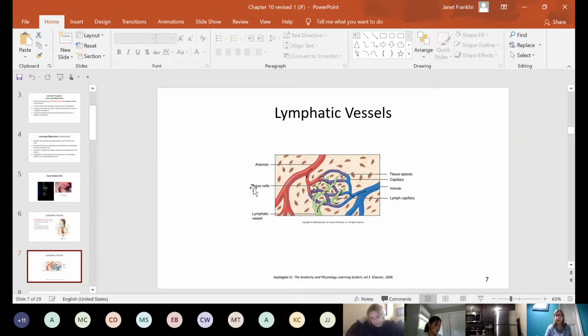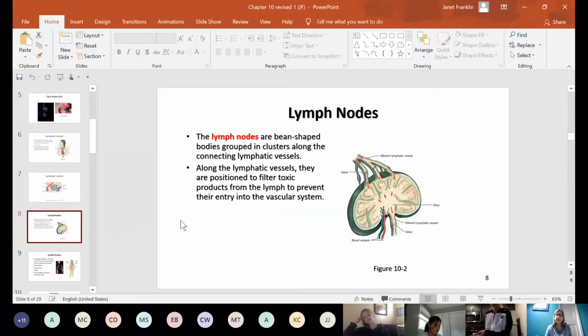Here's an arteriole or an artery, and then you've got your lymph tissue, all these little dots in there. This is your lymphatic vessel draining into that. And then here is a vein or venule. So the lymphatic tissue sits right in the middle.